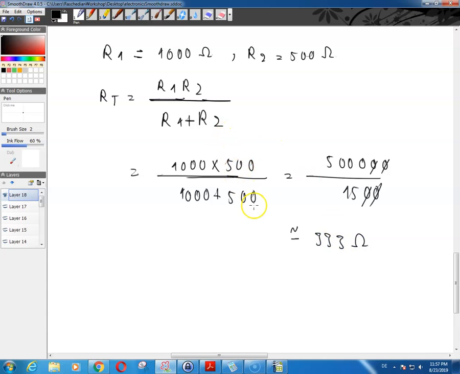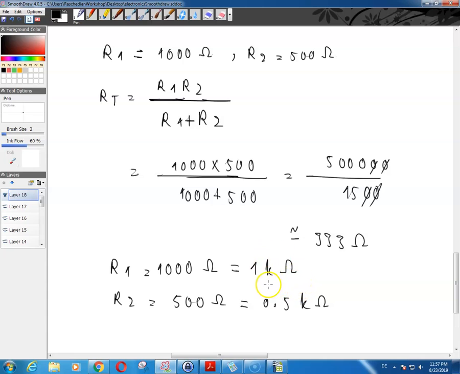Now, to get over this problem of getting too many zeros and large numbers, what you can do is write your R1 as 1000 ohms, which is equal to 1 kilo ohm, and R2 as 500 ohm, which is equal to 0.5 kilo ohm.